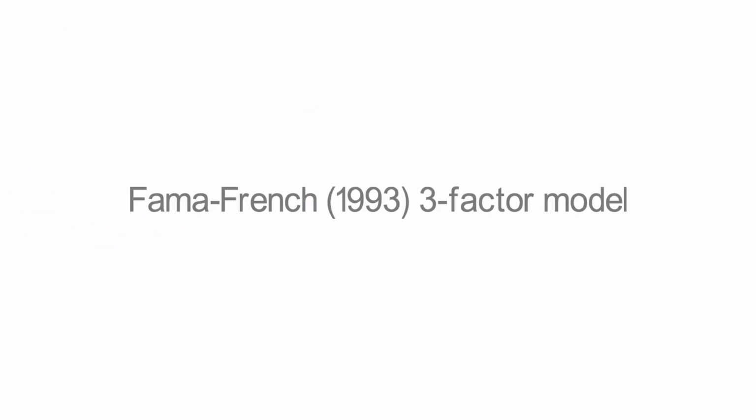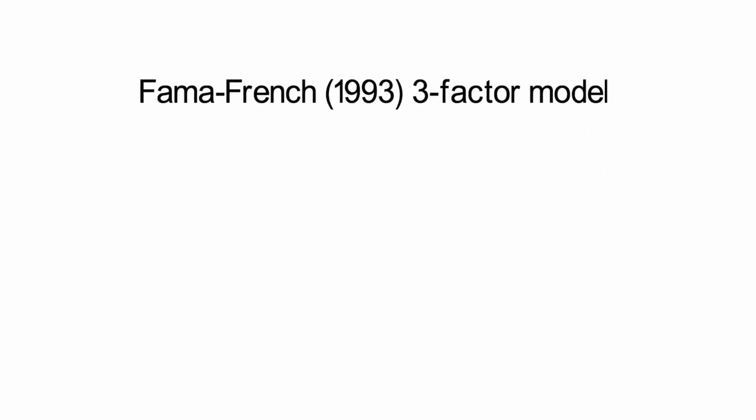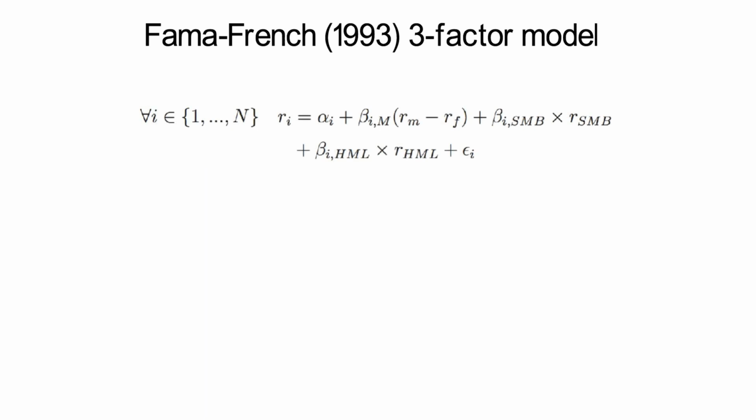Another prominent APT factor model is the Fama-French three-factor model from 1993. It reads as follows, where RSMB is the excess return of a portfolio that is long small stocks and short large stocks.